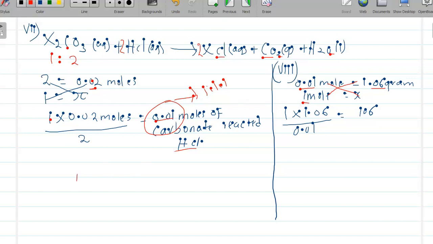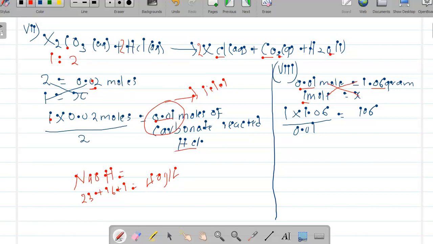You have learned that if we have sodium hydroxide, and you want to calculate the RFM of sodium hydroxide, sodium 23, oxygen 16, hydrogen 1, you have 40 gram per mole. When you are calculating the RFM, 23 plus 16 plus 1, 23 is from sodium, oxygen 16, hydrogen 1.